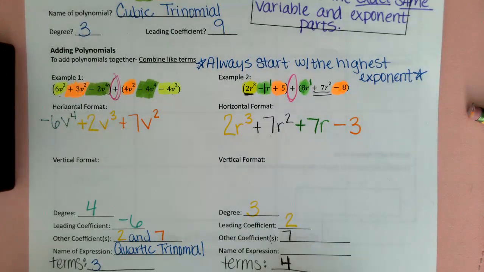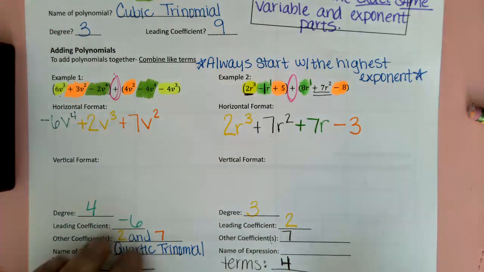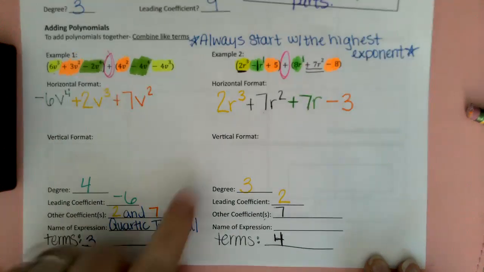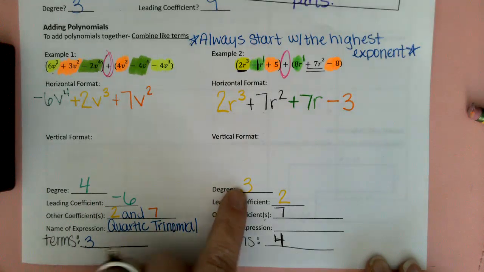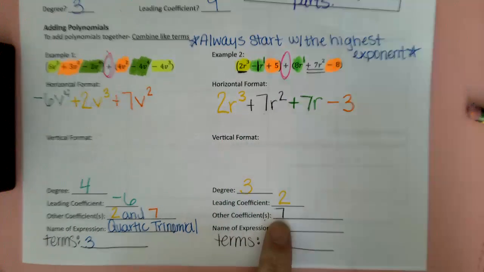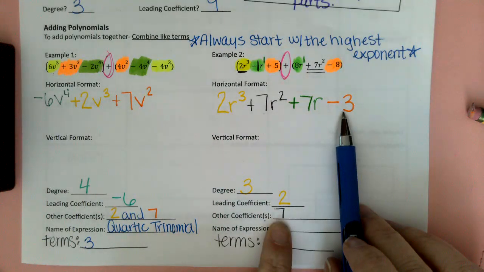So now it's time to go ahead and name the expression. So we name it 2 ways. The first way we name it is according to the degree. Yes, ma'am. Here? No, because negative 3 is a constant.